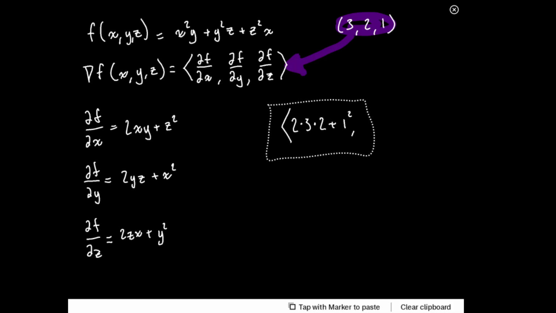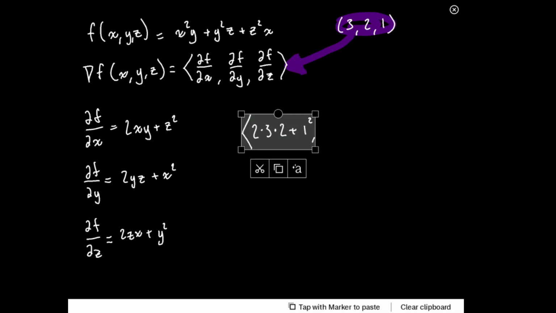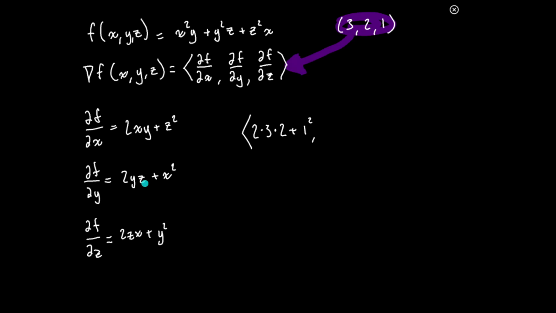Okay. Then our y value, we're going to do the same thing. So 2 times our y value, which is 2, times our z value, which is 1, plus our x value squared, which is 3 squared. And then for our z value is 2 times our z value, which is 1, times our x value, which is 3, plus our y value squared, which is 2 squared.